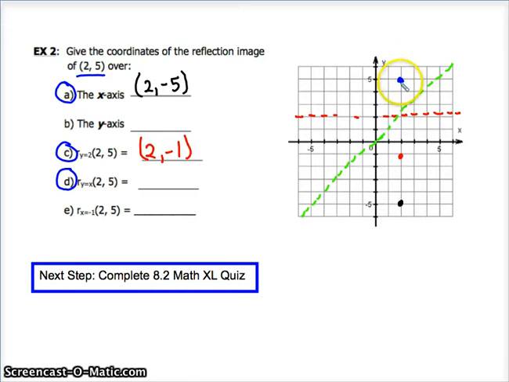So I'm going to move down 1, 2, and I need to move that same distance now in the other direction. So my new point will actually be the point 4, and then what is this, 3 here? So over 4 up 3.